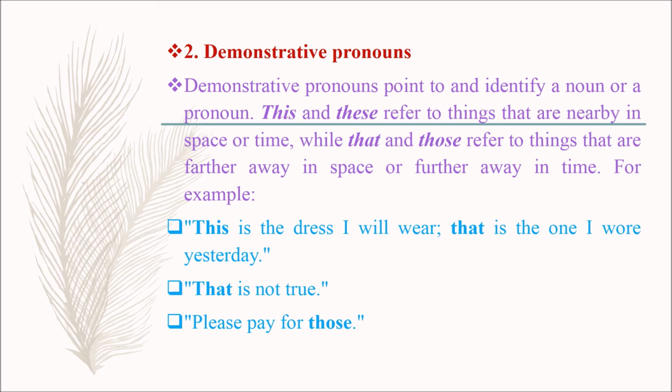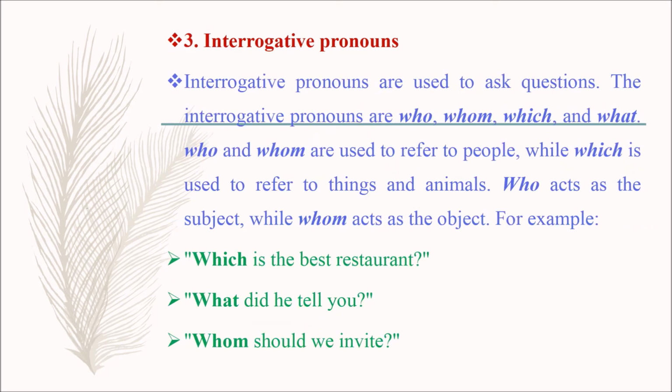For example, this is the dress I will wear. That is the one I wore yesterday. That is not true. Please pay for those. Here, this, that, and those are demonstrative pronouns.